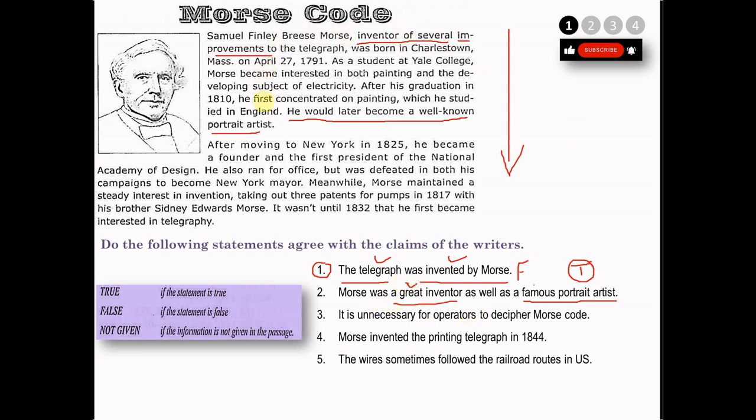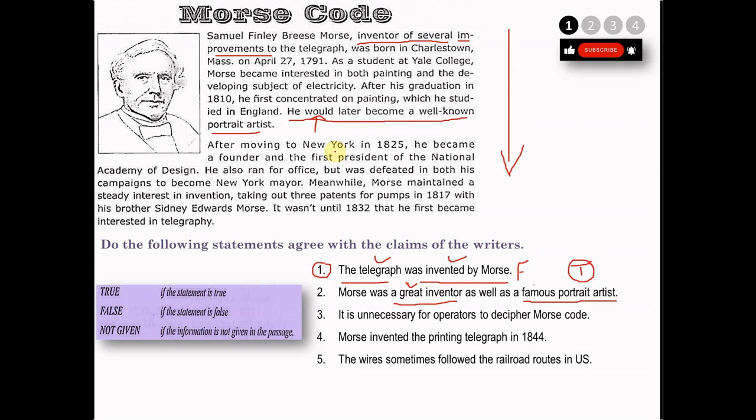He was just shown as an inventor, not a great inventor. And again, the later half of the question is a famous portrait artist. Here what is written? He would later become a well-known portrait artist. So would means just a hypothesis, just an assumption. It means it is not mentioned whether he became a well-known portrait artist or not.